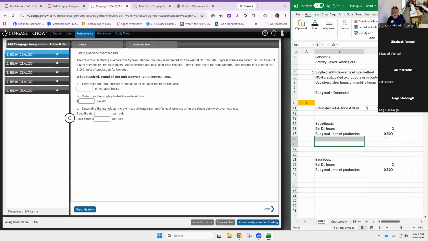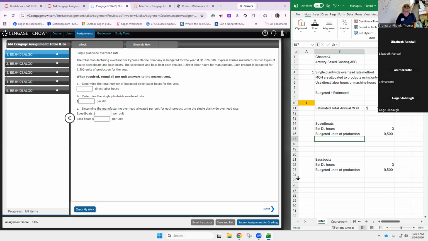So what we're going to do is take the 3 hours times the 9,500 units, and we'll get our budgeted estimated total number of direct labor hours for the year. That's how we're going to get it for each, right? And then we can add them together if they decide that that's what they want us to do.